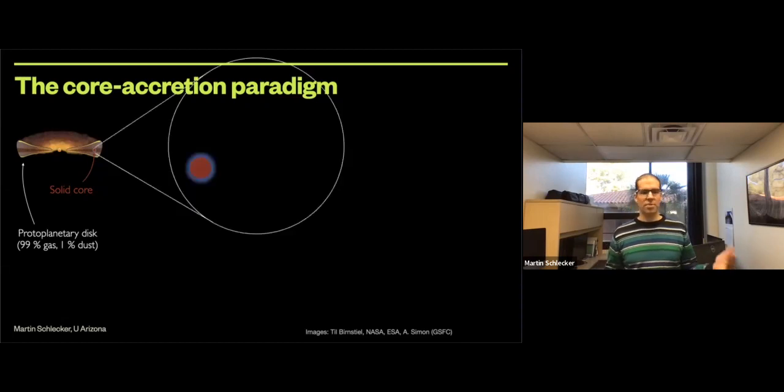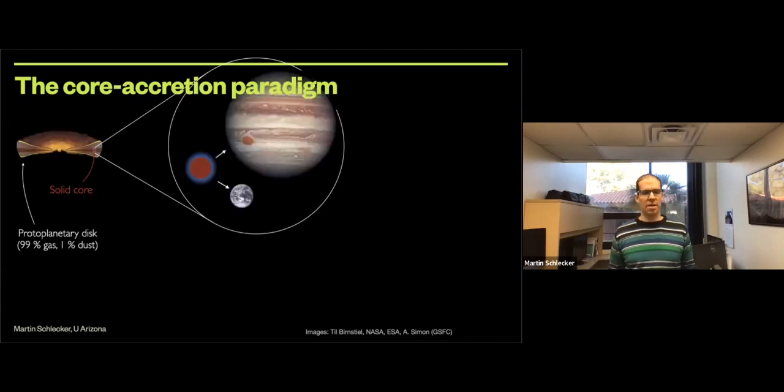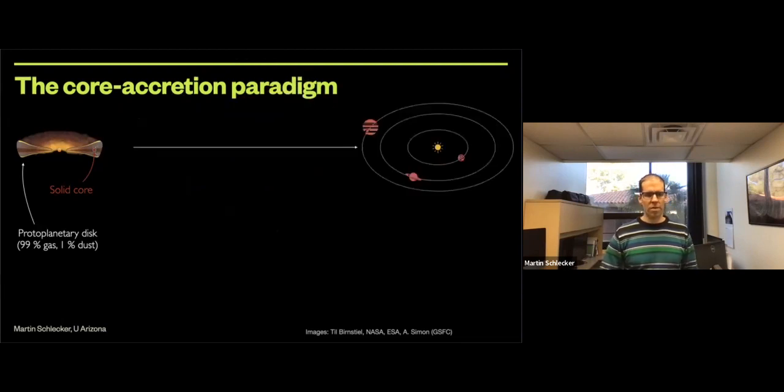Once this core is massive enough, it may accrete a gas envelope or an atmosphere. Depending on how efficiently this can be done, the planet then either ends up as a small rocky planet or as a gas giant. This typically happens at several locations in the disk, and you can get a whole system of planets.